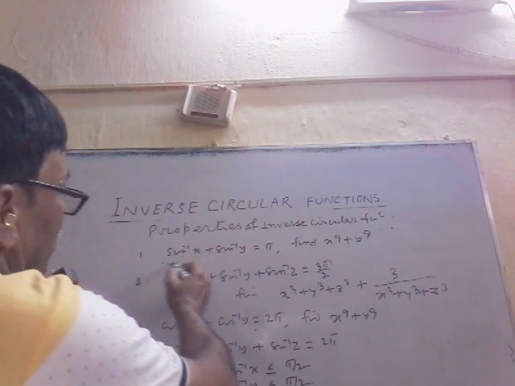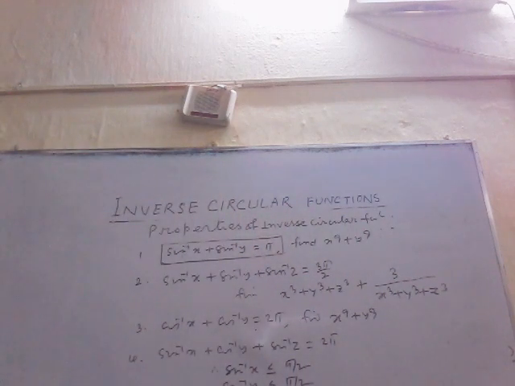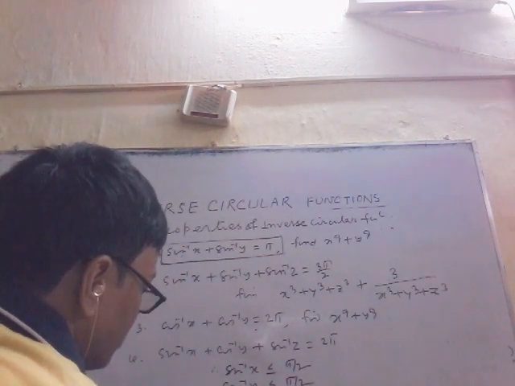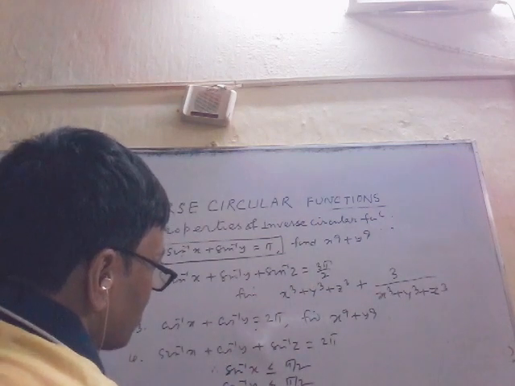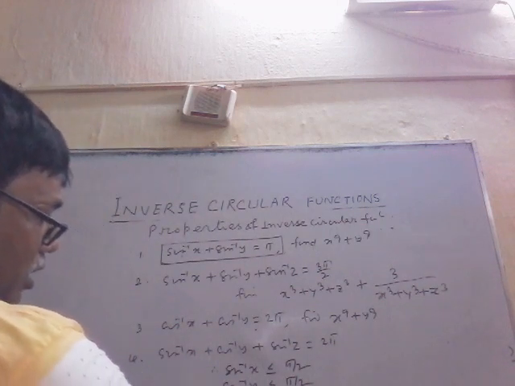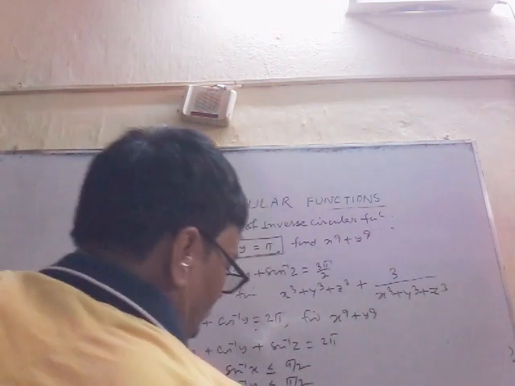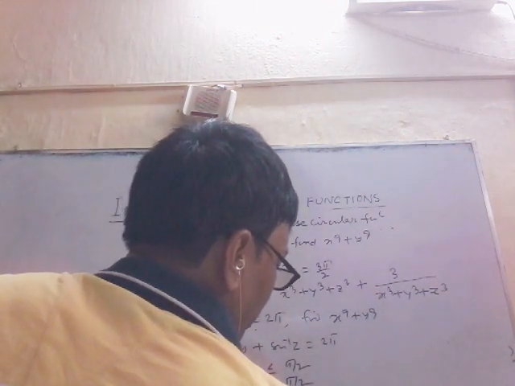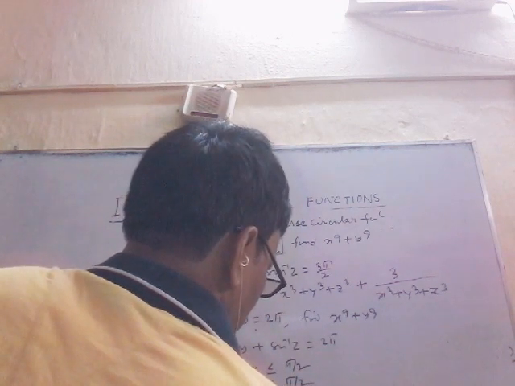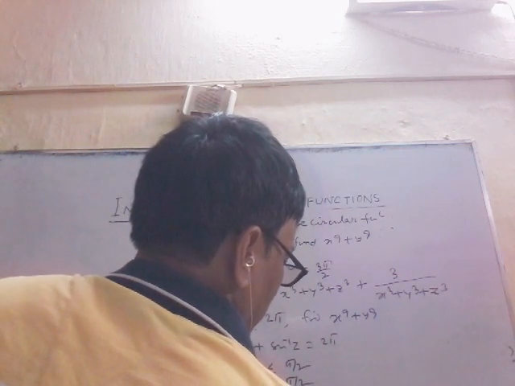So here the result is given for the maximum value of sin inverse x plus sin inverse y, therefore sin inverse x plus sin inverse y equals pi. This is true when sin inverse x equals pi by 2 and sin inverse y equals pi by 2.